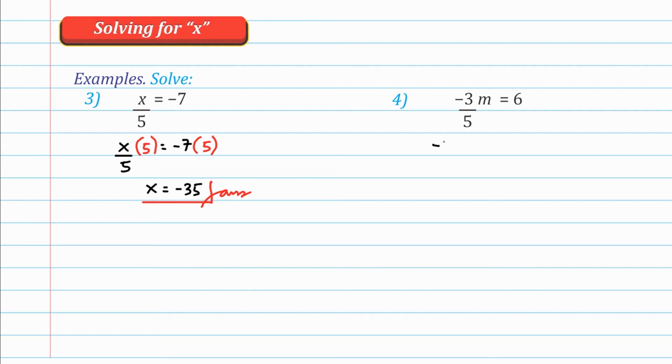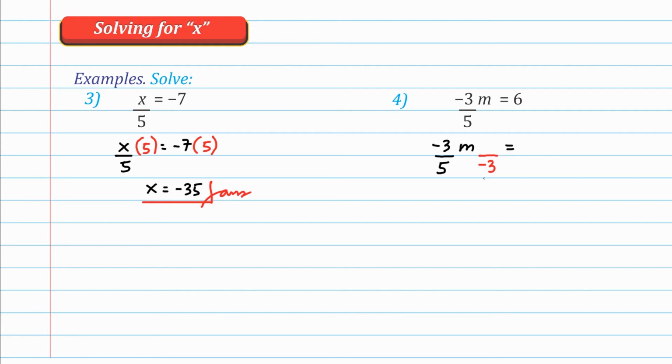Let me copy first negative 3/5 and then copy m. Looking at negative 3 and m, what connects them is multiplication. We want to counteract that multiplication. To do that, let's divide this by negative 3 so that we can cancel them later.